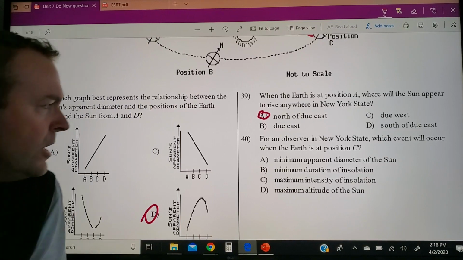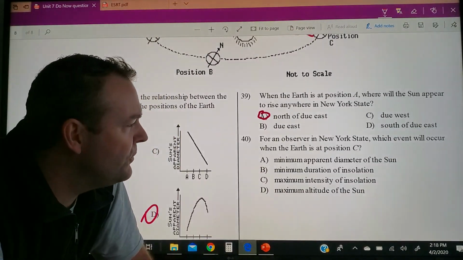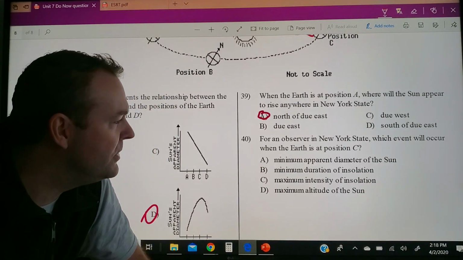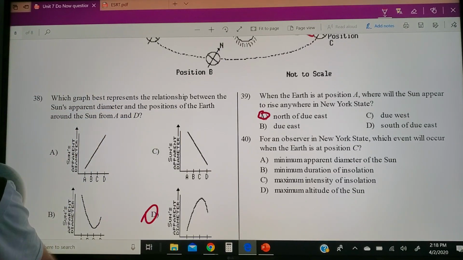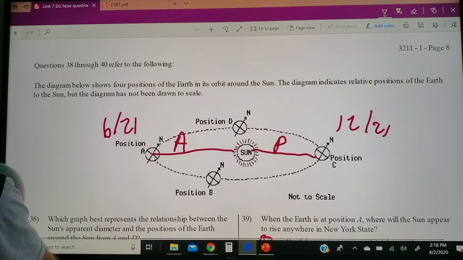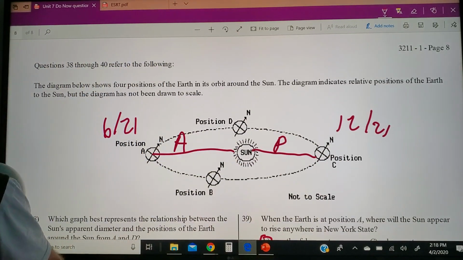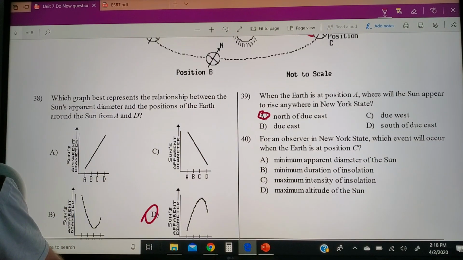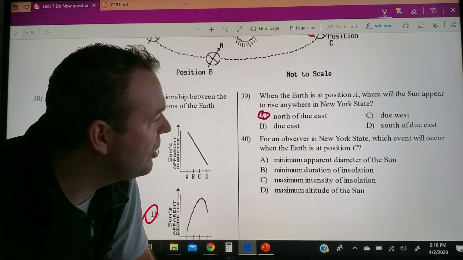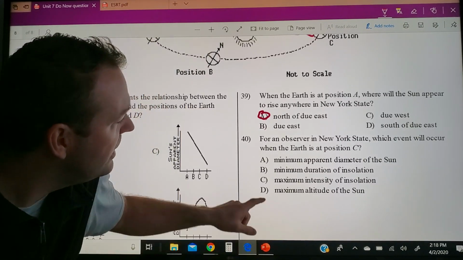And for number 40, for an observer in New York State, which event will occur when the Earth is at position C? Well, let's take a look at position C. That's your winter solstice once again, right? So what's happening at C? It's going to be cold. It's going to be a shorter day. Let's see.